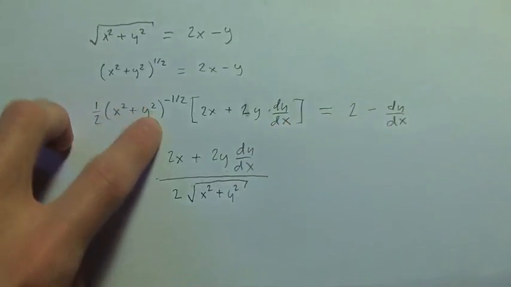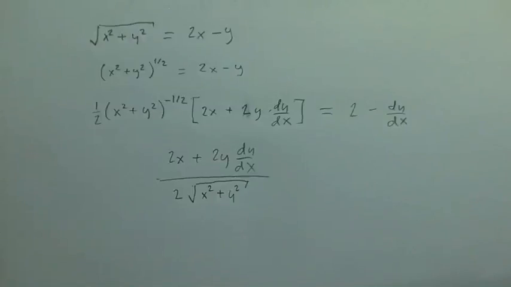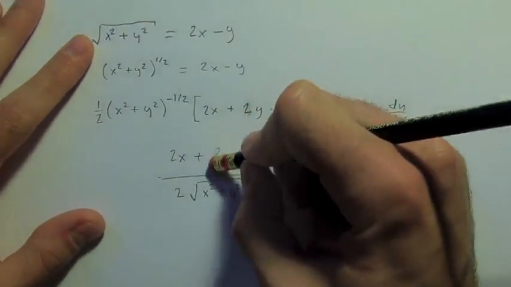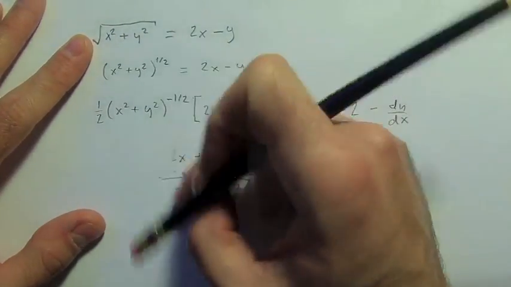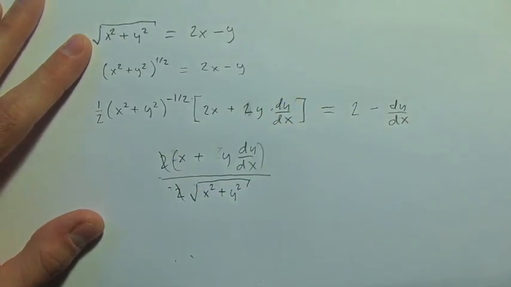Because that 1/2 power is a square root, so when I move it down, that's going to be a square root. Now, I can also factor a 2 out of the numerator, so let's go ahead and do that, because that will cancel with this 2.